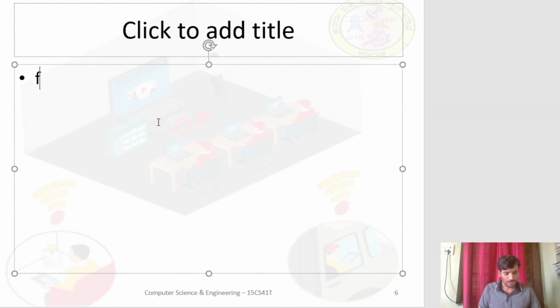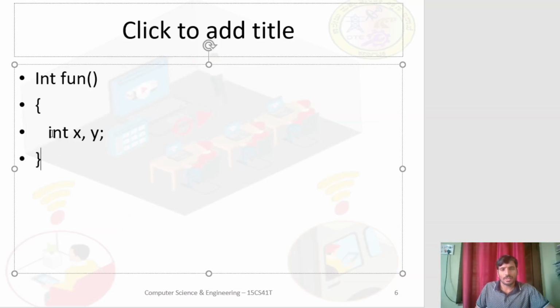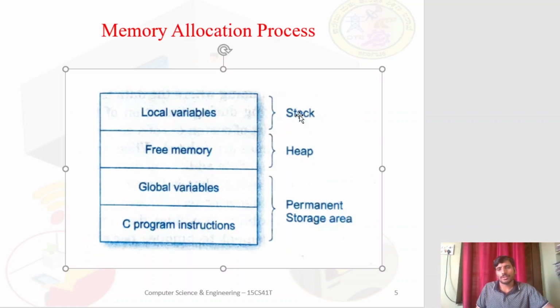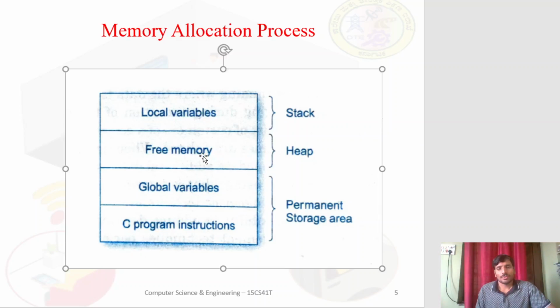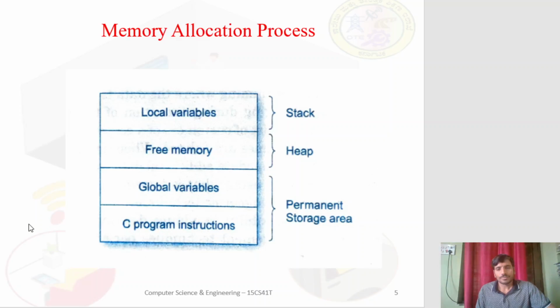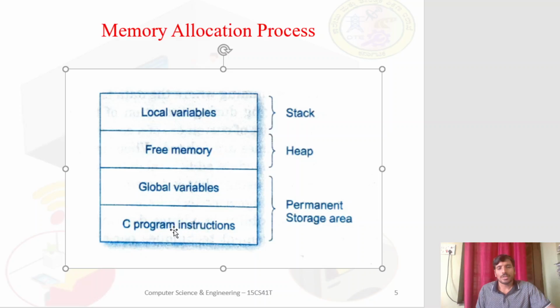If there is a function, say int x comma y, these are local variables. x and y are local variables. So these variables are stored in the stack area. This stack is a linear data structure like arrays. And there is another memory area which is called permanent storage area, in which global variables are stored.